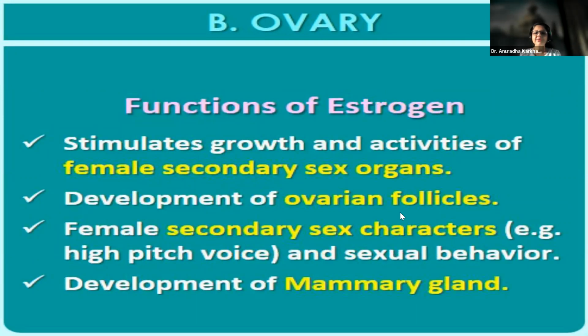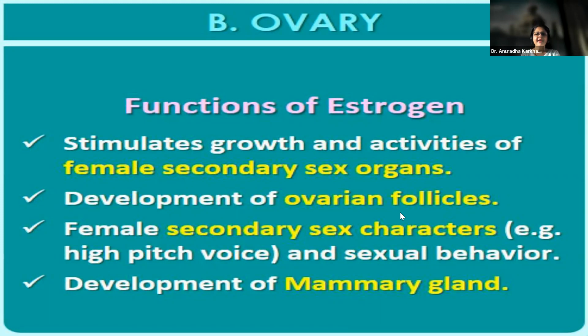Functions of estrogen: stimulates growth and activities of female secondary sex organs, which you have already mentioned correctly. Development of ovarian follicles: primordial follicle, primary follicle, secondary follicle, Graafian follicle, primary oocyte, secondary oocyte, all these are going to be the effect of estrogen. Correct?